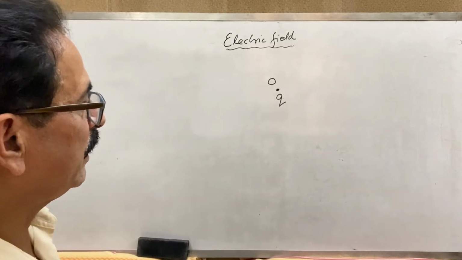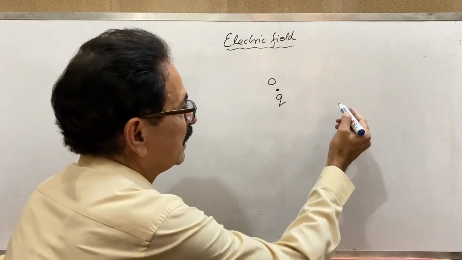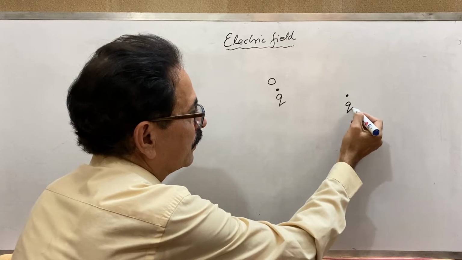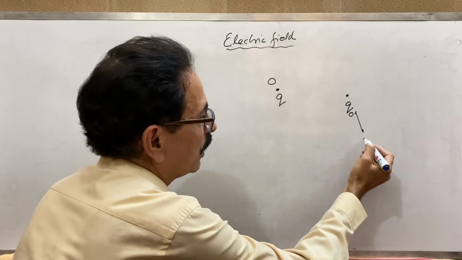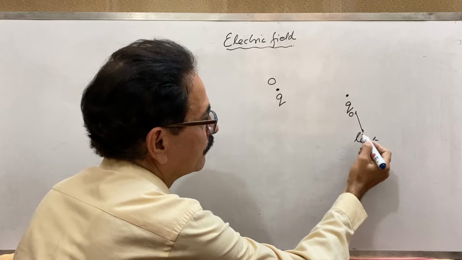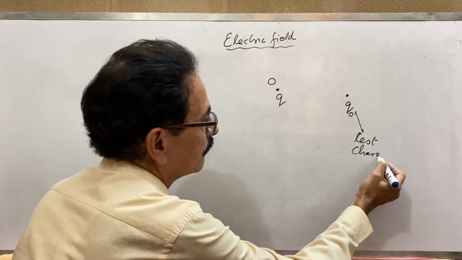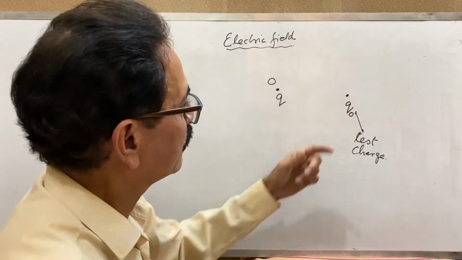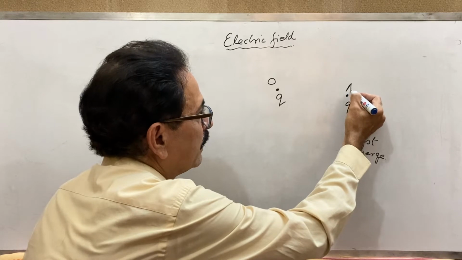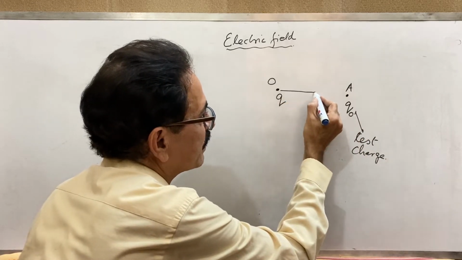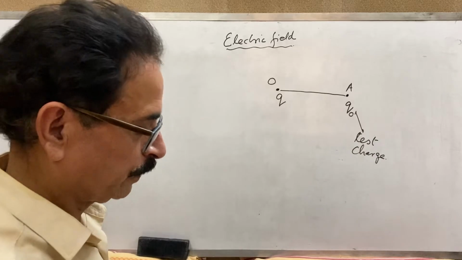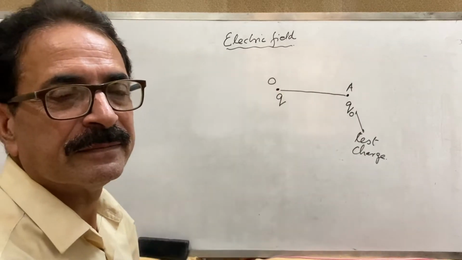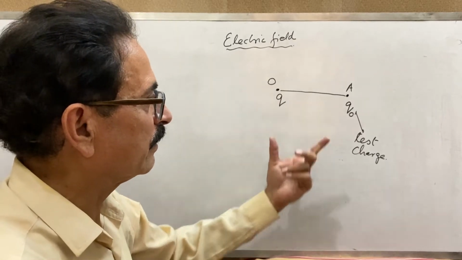Here in this electric field, suppose here is another charge Q naught. This Q naught is said to be the test charge. Let me suppose it is at the point A at some distance from the point O. These two charges interact with each other.